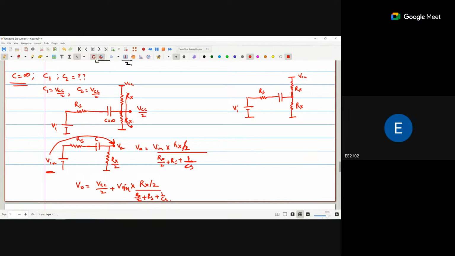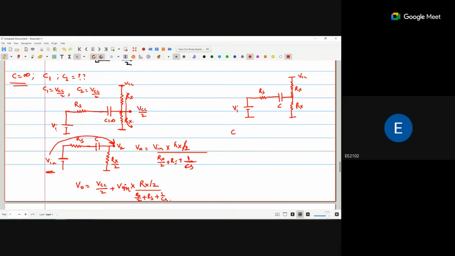I will show how you calculate the R and C values in that. There are three R and one C.